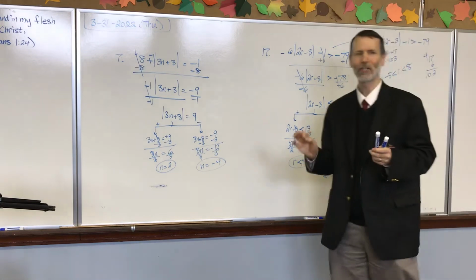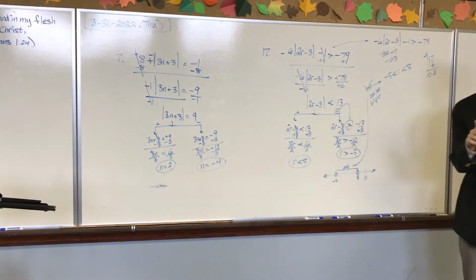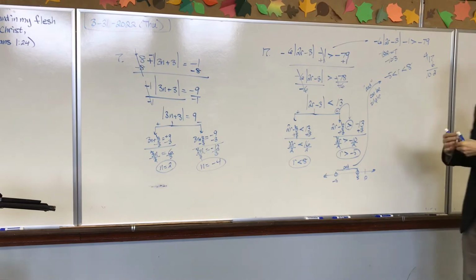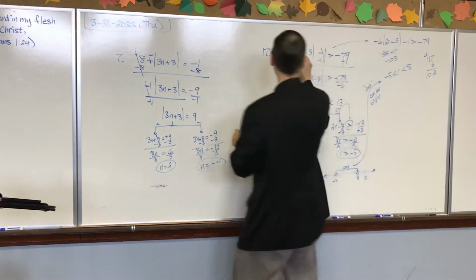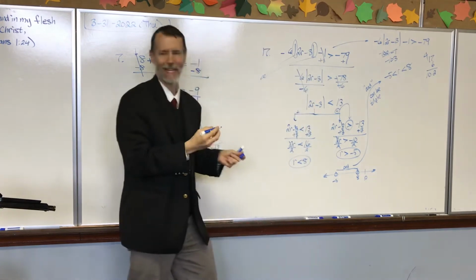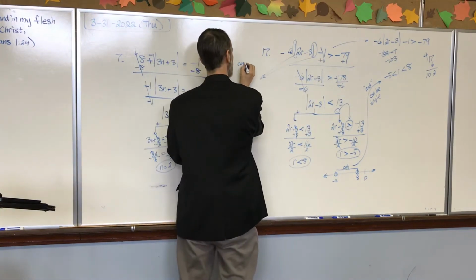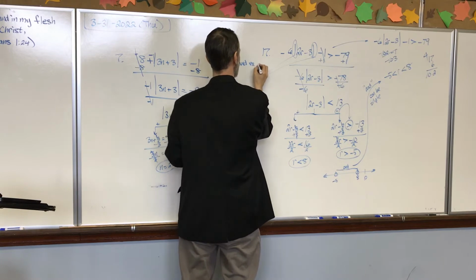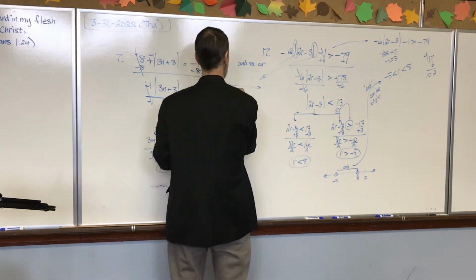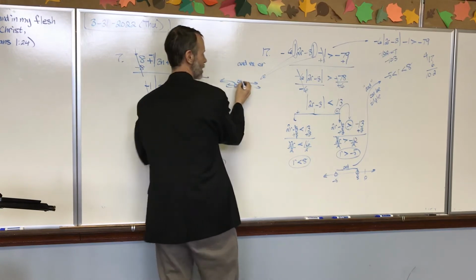So in other words, whenever you have absolute value, it's either going to shade outward or inward. There's a very quick way to test "and" versus "or." If the graph shades outward, it's "or."